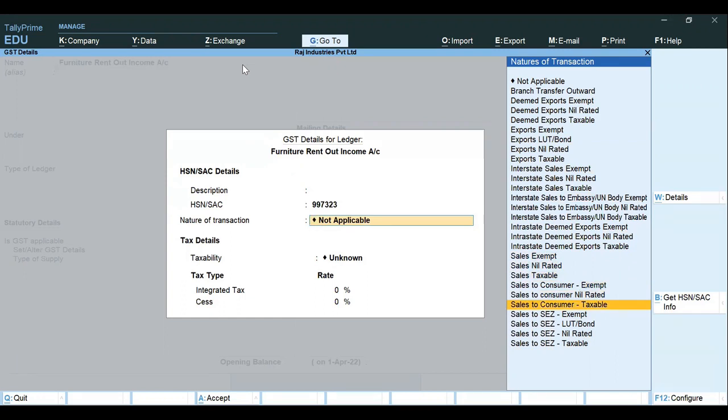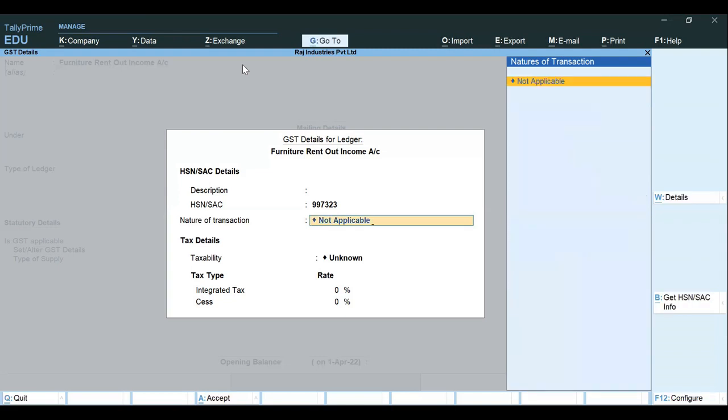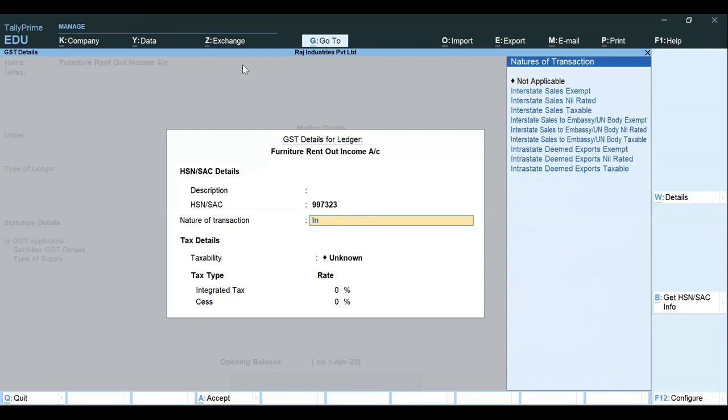If this is a sale which is interstate, in that case, I have options of interstate. So if I just write a few letters of inter, I can see interstate sales taxable, interstate sales nil rated, exempt.